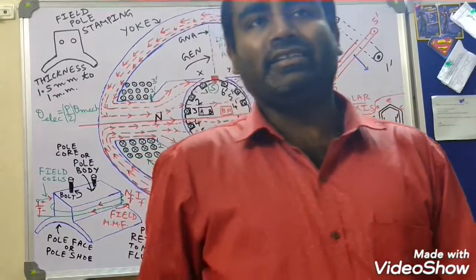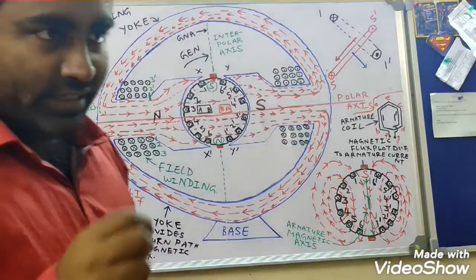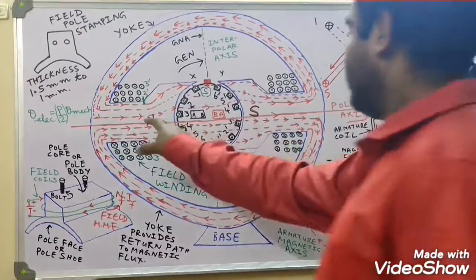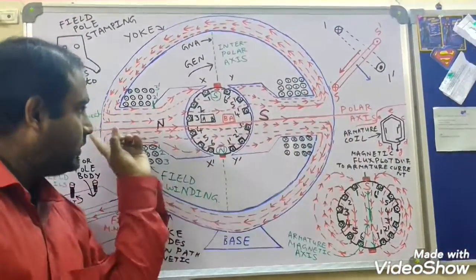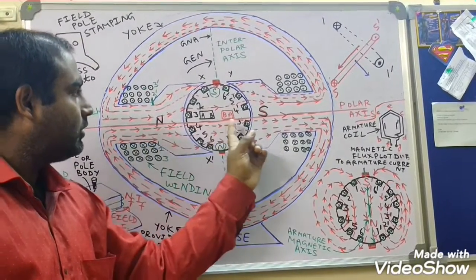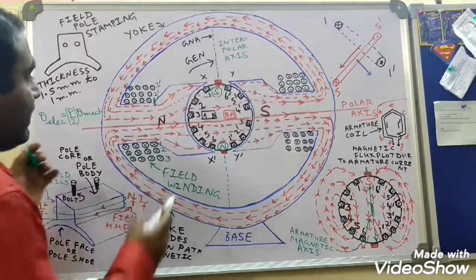What is this theta? Actually, it's a mechanism by which we can pinpoint or determine a particular point in the air gap. What you have to do, you have to just select a reference axis. Let's say this is our reference axis. This axis which is passing through the polar axis, this is our reference axis. So if this line which is passing along the polar axis is our reference axis, the value of theta will be 0 here.